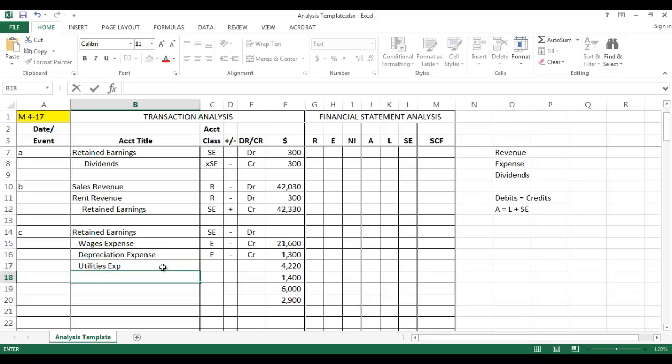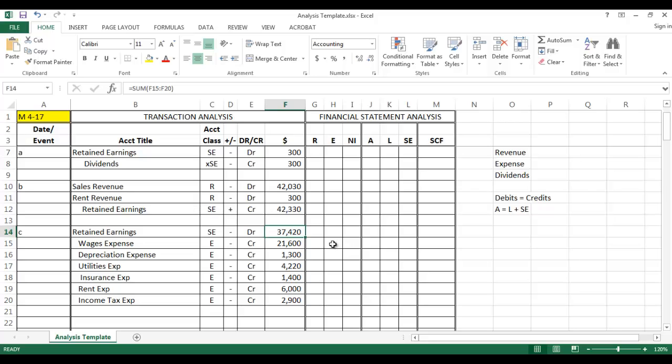There's utilities. 1,400 was insurance. 6,000 was rent, and then our 2,900 was income taxes. So I can get a sum of all those amounts, and that will be my plug to retained earnings. So a debit to retained earnings for the total of those expense accounts, $37,420. And that's it for closing entries.